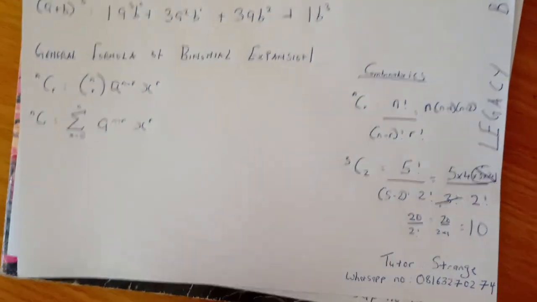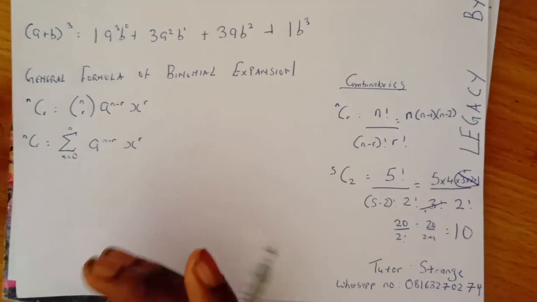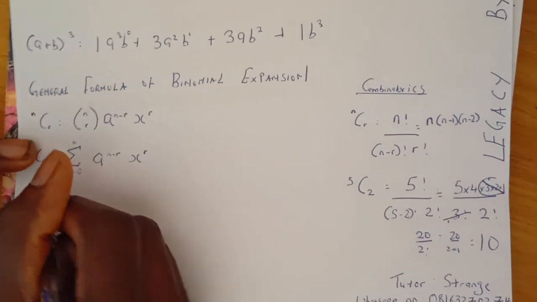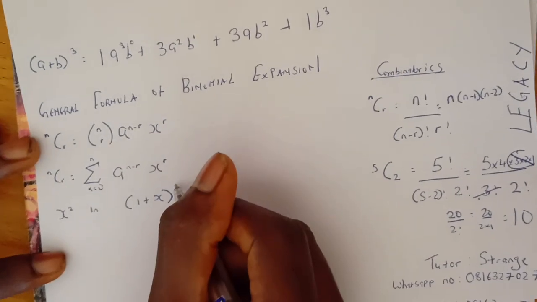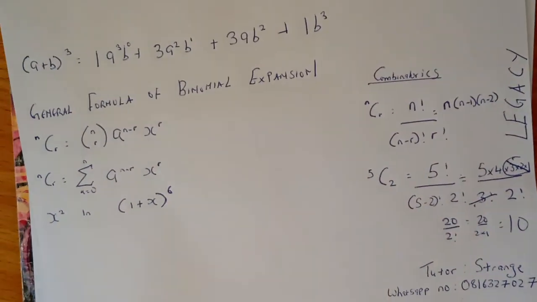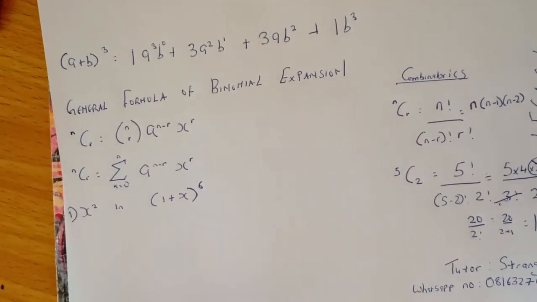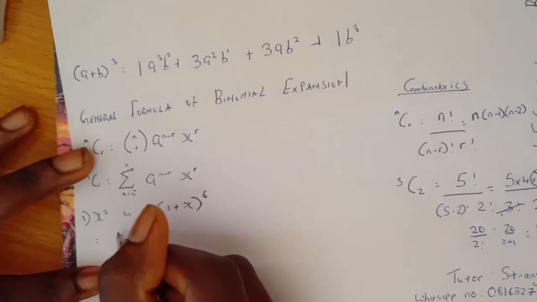Okay, let's look at an example that I actually used to use a formula like this. Let's say, for example, finding coefficients. They ask to find the coefficient of x squared in 1 plus x raised to the power of 6. So what is our n?